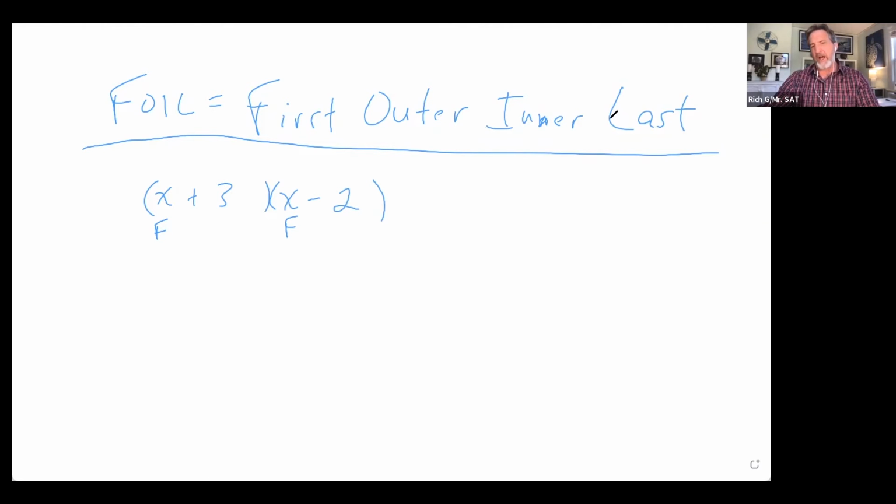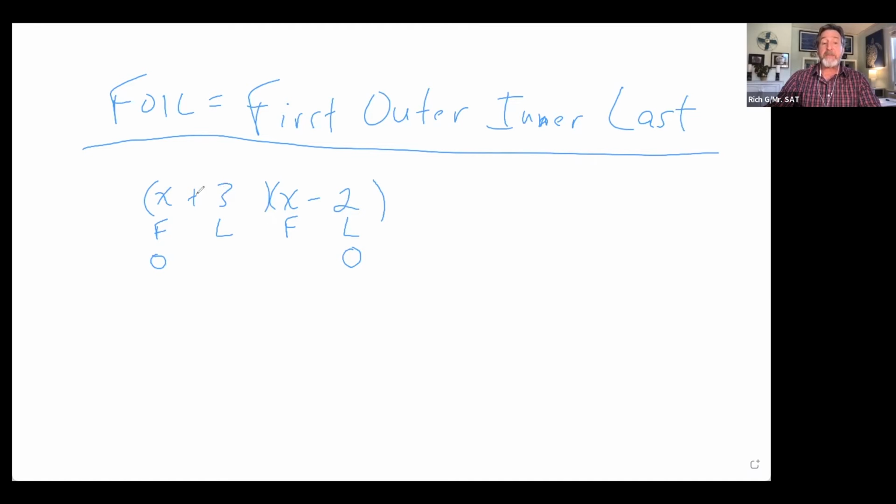Let's jump to L, last, because that's easy also. Well, what's the last? Well, 3 is last in the parentheses and 2 is last in the parentheses. What does outer mean? Well, there are 2 terms that are on the outside of the parentheses and 2 terms that are on the inside of the parentheses. So X is not only a first, but it's on the outside. 2 is not only a last, but it's also on the outside.